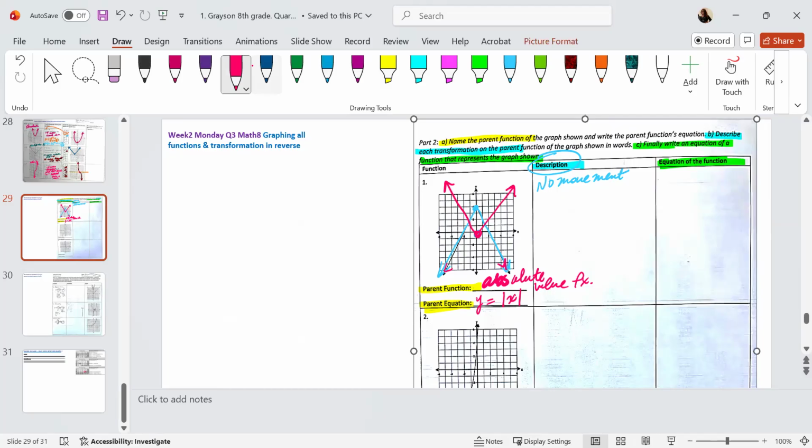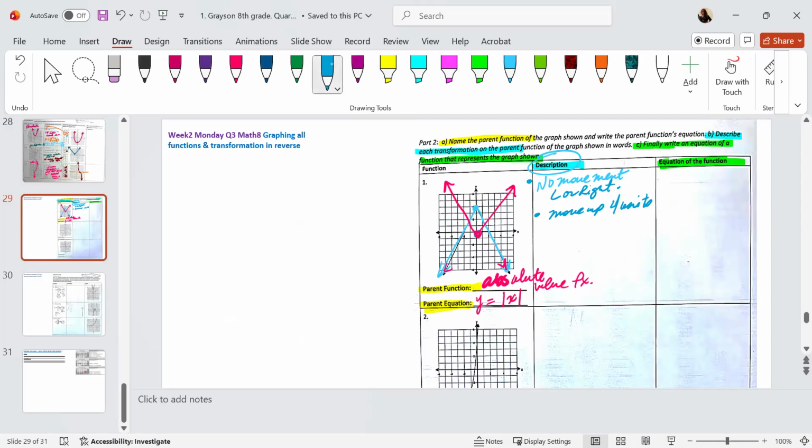So I can say no movement left or right. But it did go from the pink one to the blue one. It did look like it went up. How many units did it move up? 3 or 4? 4. 1, 2, 3, 4.